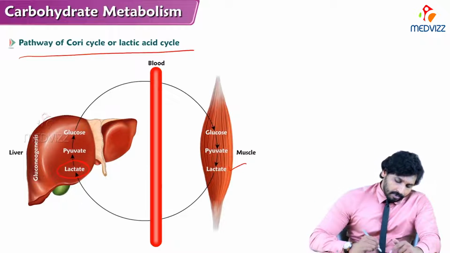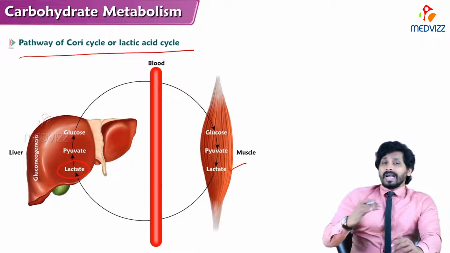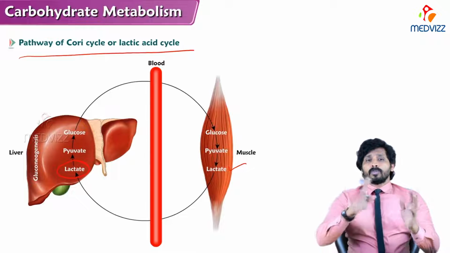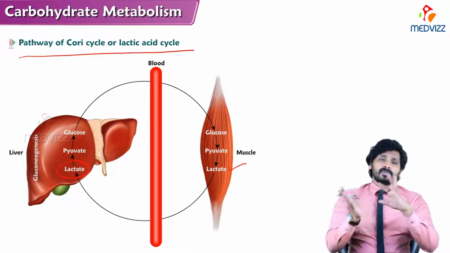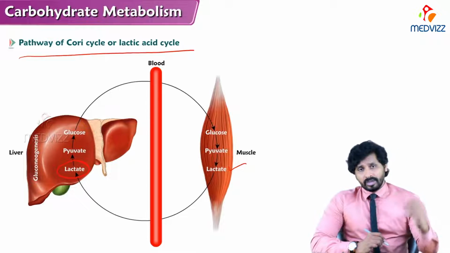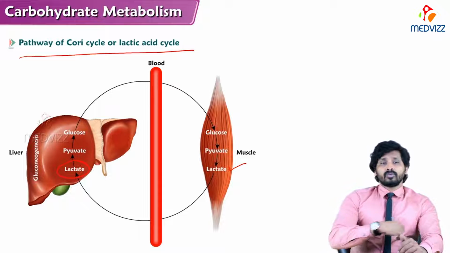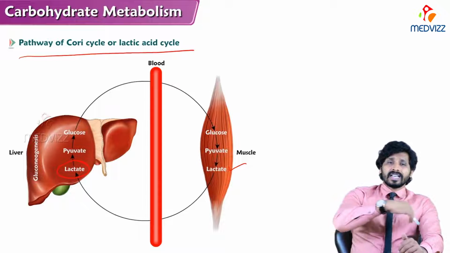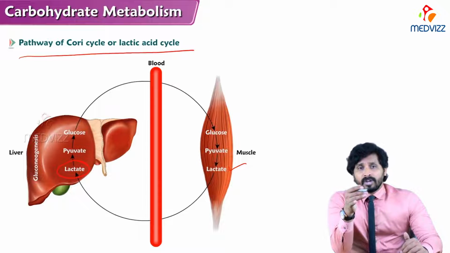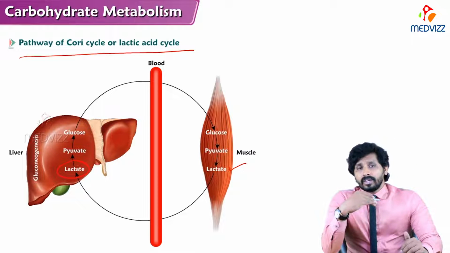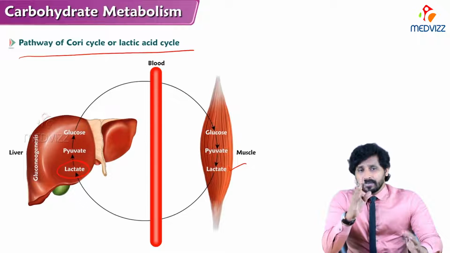And this lactate will be transported here. As I said, the formation of lactate from pyruvate is a reversible reaction. So once lactate reaches the liver, it can be converted back to pyruvate, and pyruvate will be converted to oxaloacetate, and oxaloacetate again converted to phosphoenolpyruvate, because directly converting pyruvate to phosphoenolpyruvate is not possible, as it is an irreversible step.